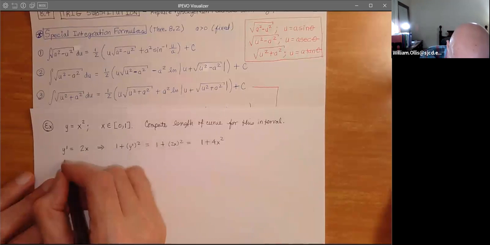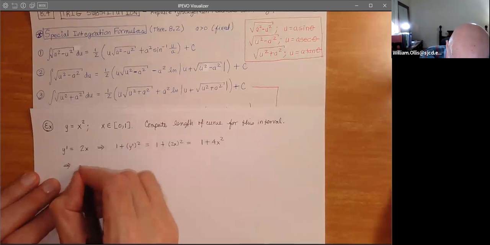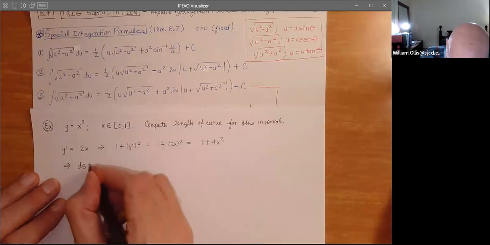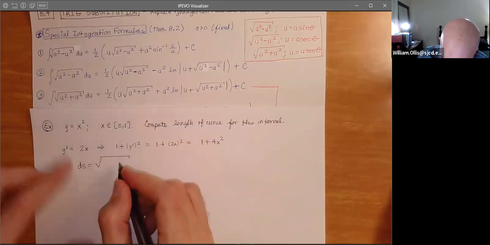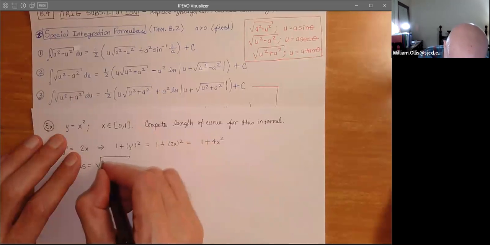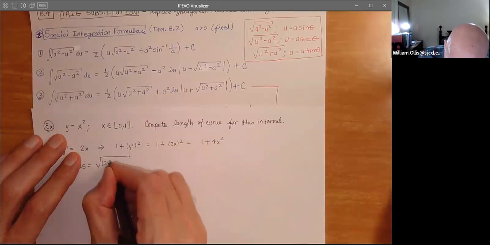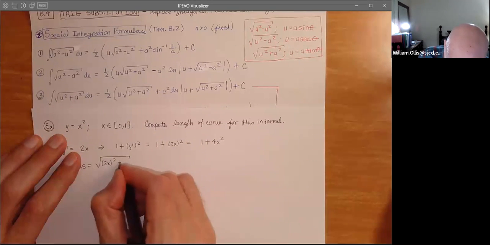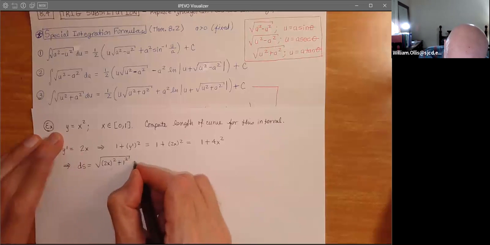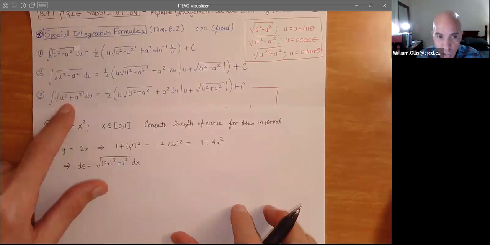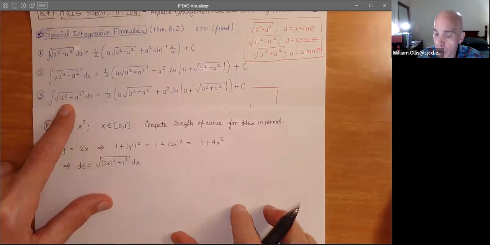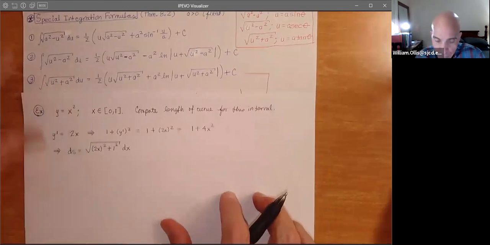So this implies that our element of arc length, ds, will now be the square root, and we'll do it so it looks like this. We'll just use this one. This will be the square root of (2x) quantity squared plus 1 squared dx. So now you're seeing that this is going to match up with this special formula. And so we'll be able to use it.